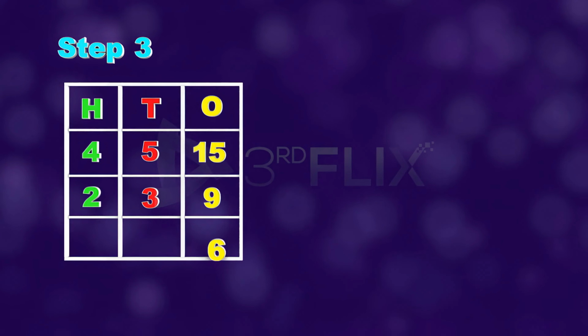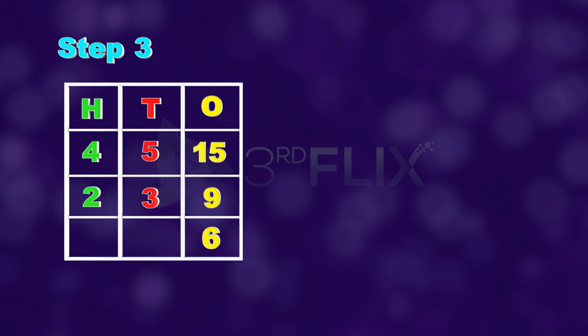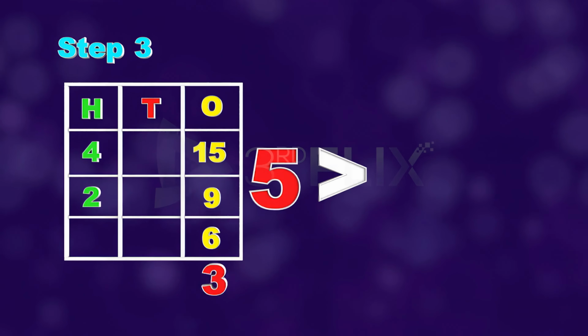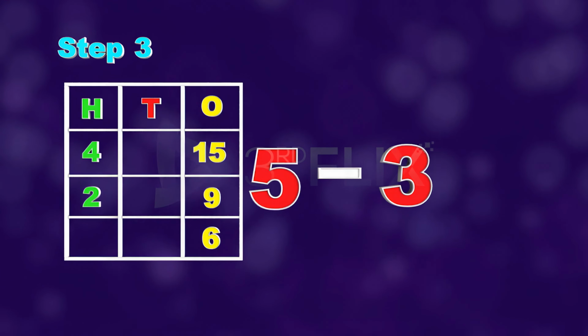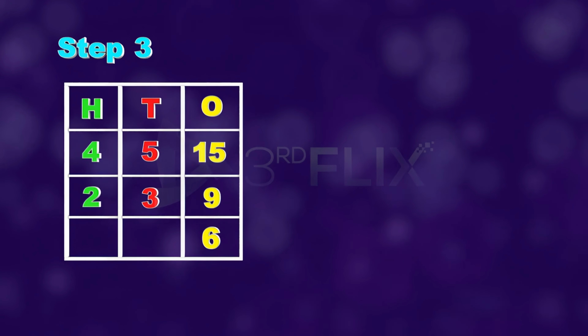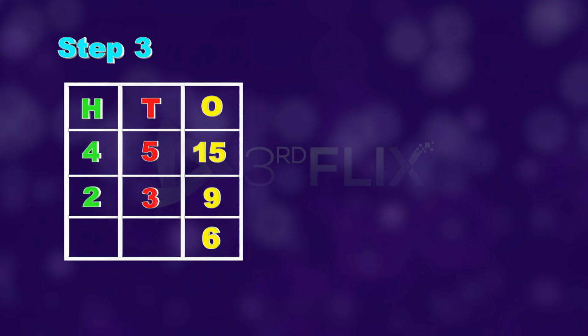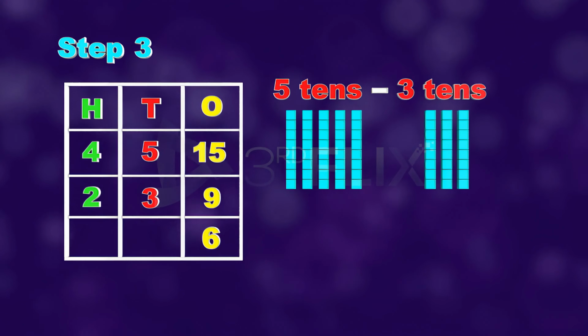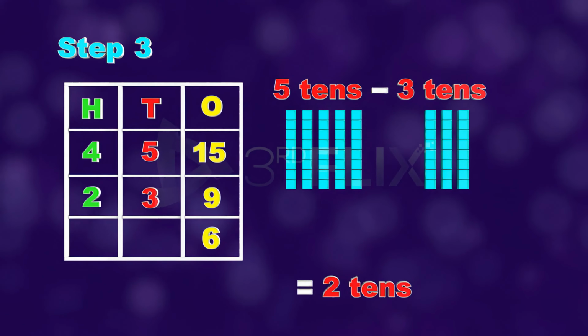Step 3. Subtract the tens. Since 5 tens is greater than 3 tens, subtract 3 tens from 5 tens. 5 tens minus 3 tens is equal to 2 tens.